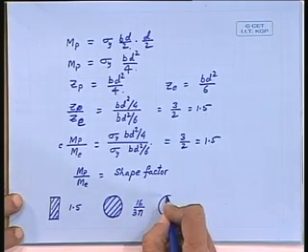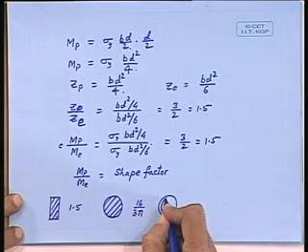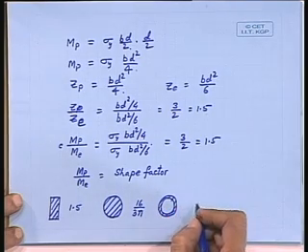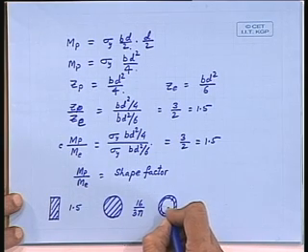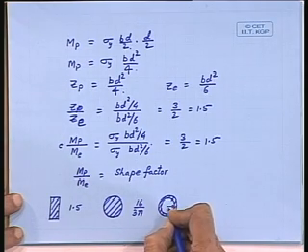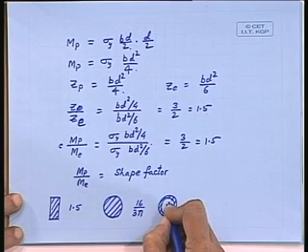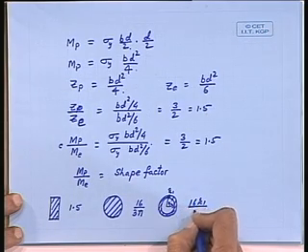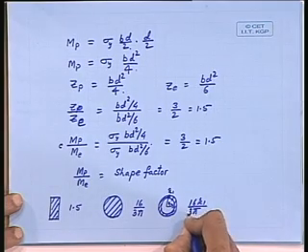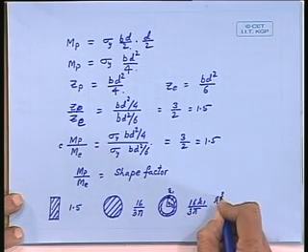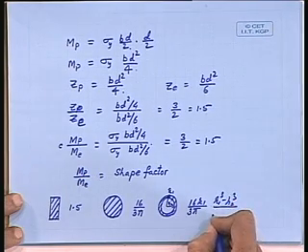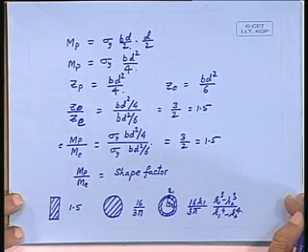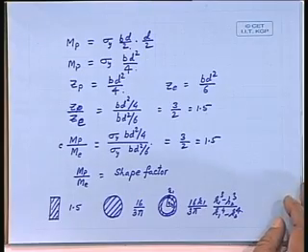If you take a hollow pipe as a beam, with R1 and R2 two radii, R2 the inner one and the outer one R1, then this works out to be 16 R1 by 3 pi, R1 cube minus R2 cube divided by R1 to the power 4. And other shapes also one can find out.